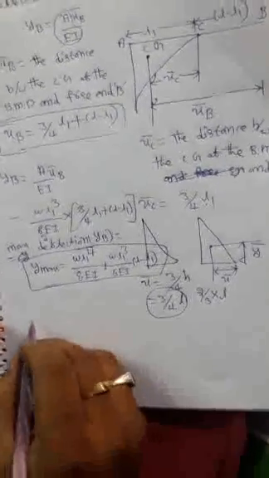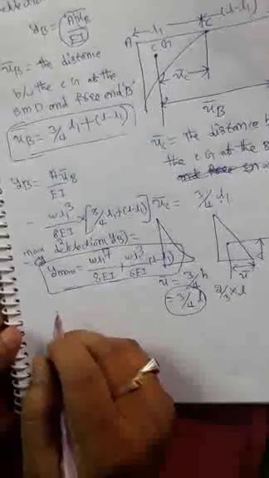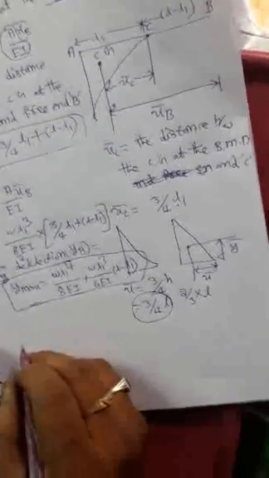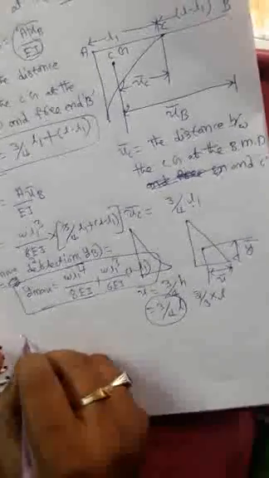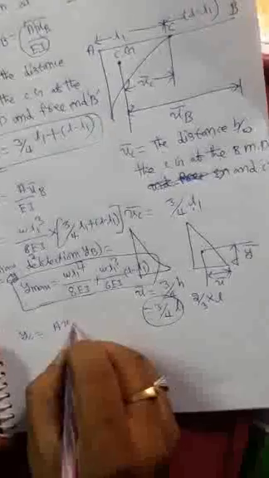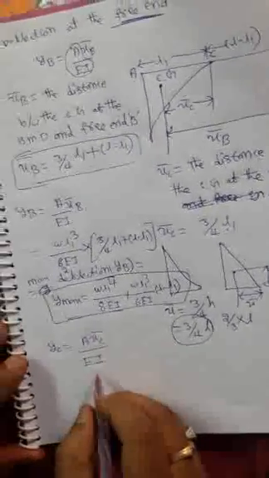And next, the remaining value is yC, that is the deflection at C. So the deflection at C is denoted by yC equal to A x bar C by EI. This is Mohr's theorem 2.